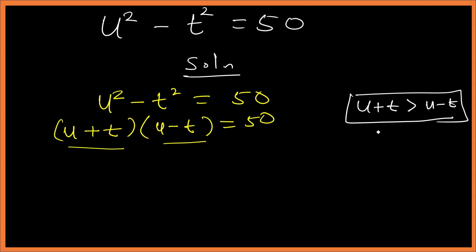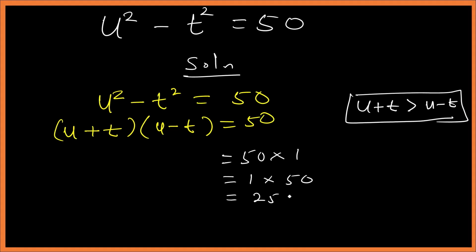Now we can recall here that 50 can be written as 50 times 1, or 1 times 50, or 25 times 2, or 2 times 25, or 10 times 5, or 5 times 10.